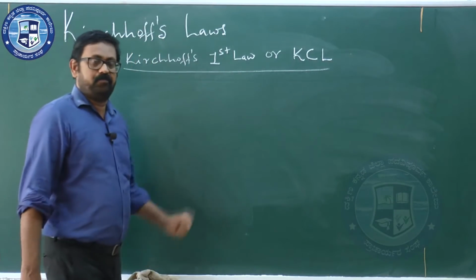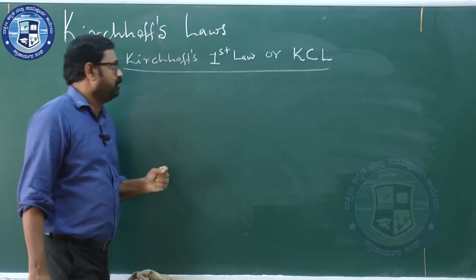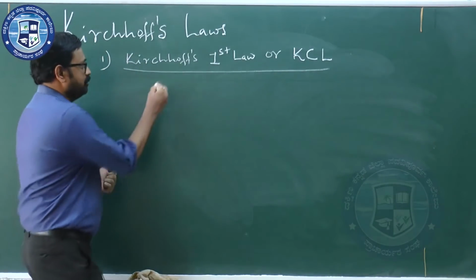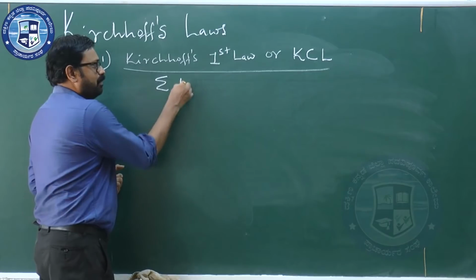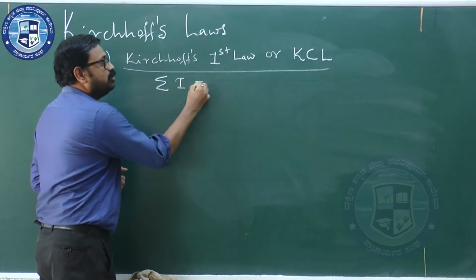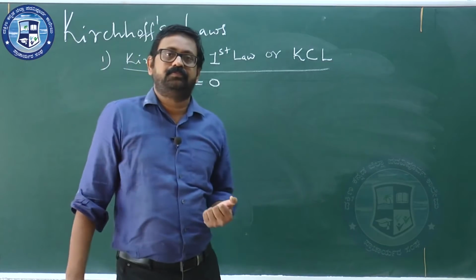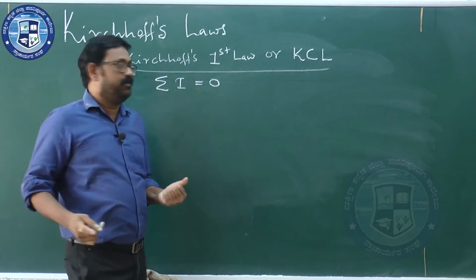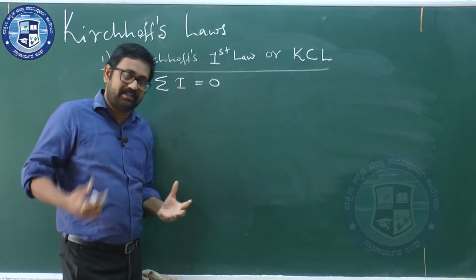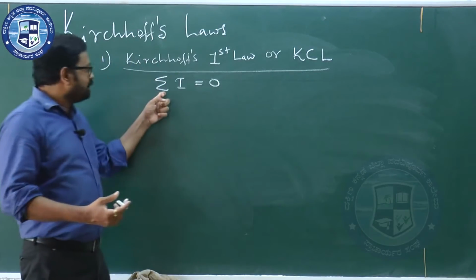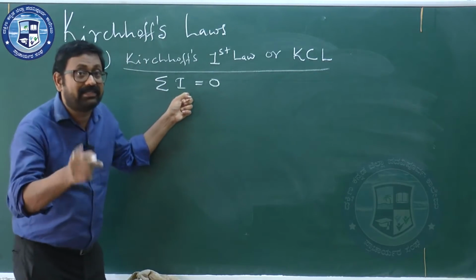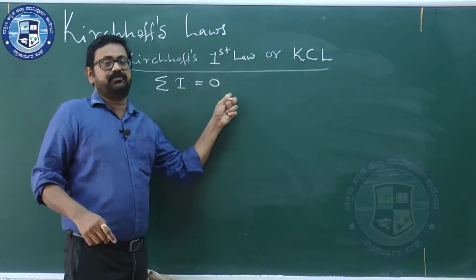Kirchhoff's first law, which is also called the current law, states that the algebraic sum of the currents at a node is equal to 0. Kirchhoff's first law or current law states that the algebraic sum of the currents at a node is equal to 0.